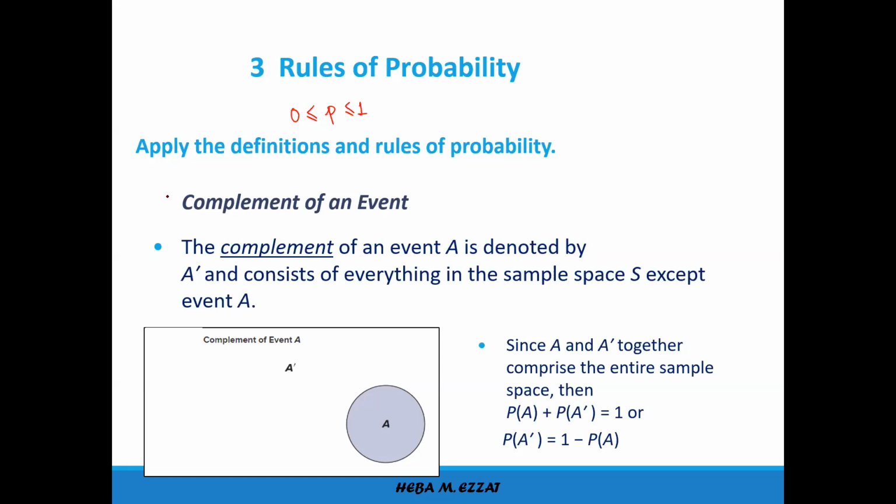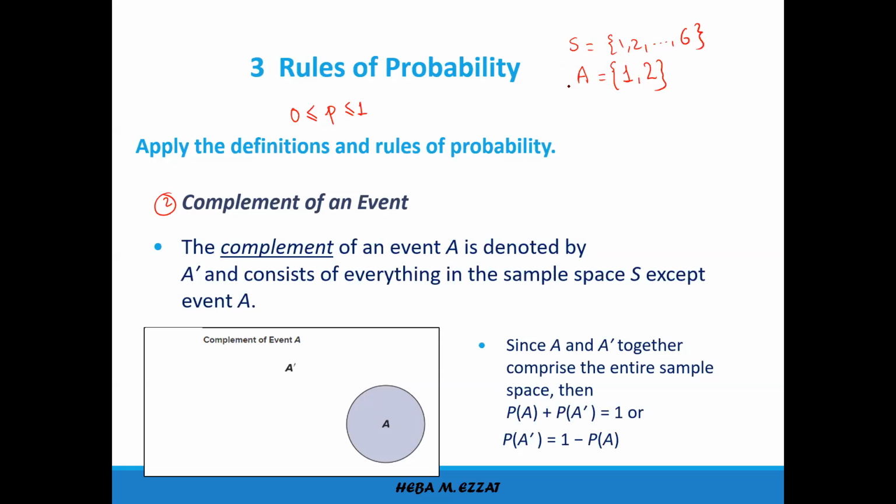Okay, we have here a second rule, and it says that there is something called the complement of an event. To understand what the complement of an event is, let's consider that we have an event called A, and this event contains the outcomes that the roll will be 1 and 2. We said the sample space contains from 1 to 6.